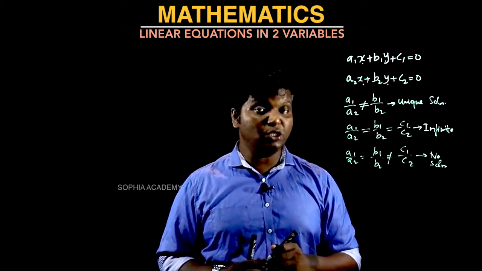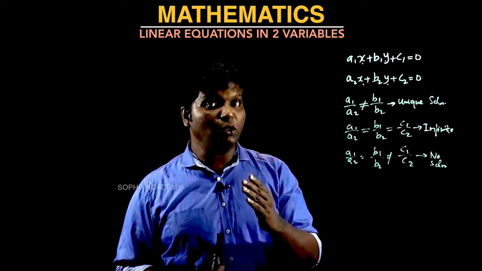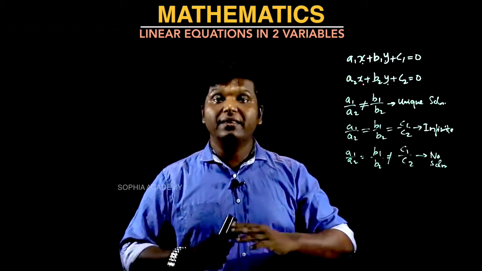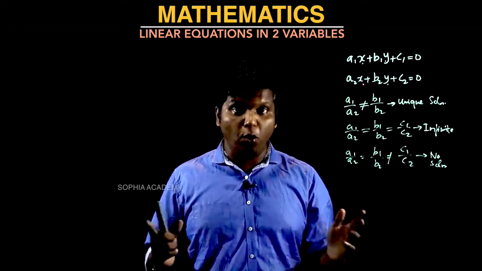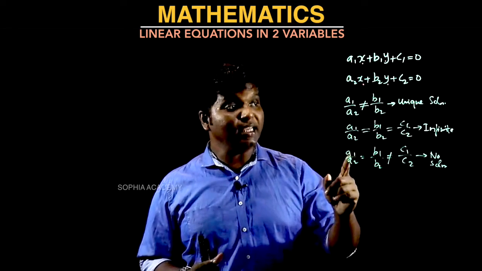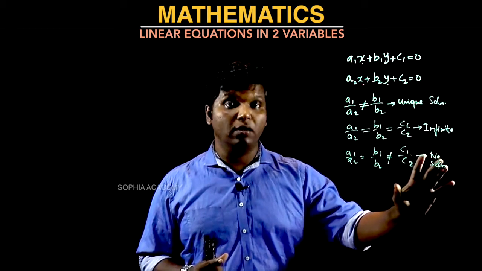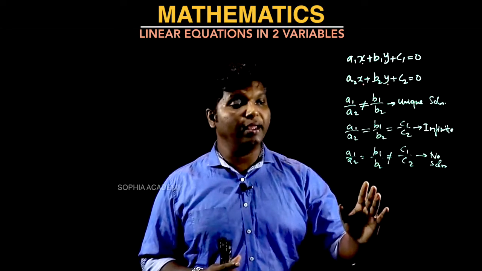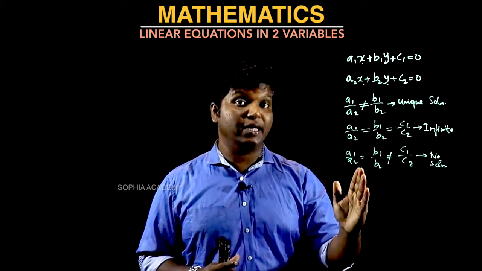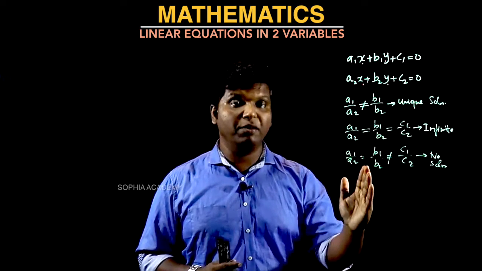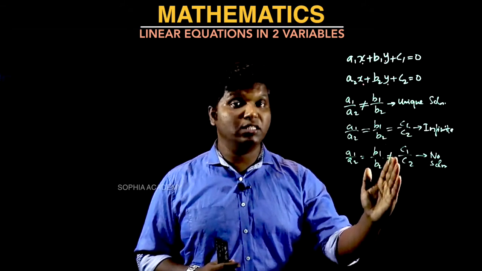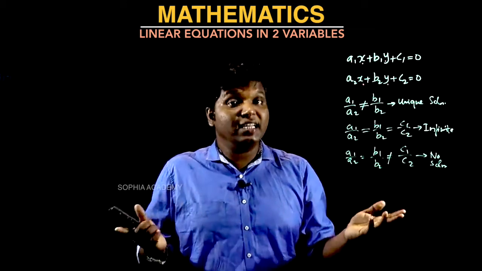So this much you must keep in your mind. In some particular cases they have solutions, and in other cases they do not. In one case there is no solution at all, you are not going to get any solution. Why? Because this is the case: a1 by a2 is equal to b1 by b2, and that's not equal to c1 by c2. So in this case there is no solution.